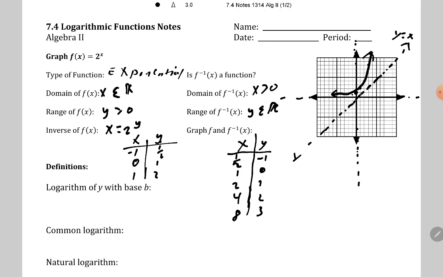Okay. So if I go to 1/2, that's -1. 1, 0, 2, 1. 4, 2, 8, 3.